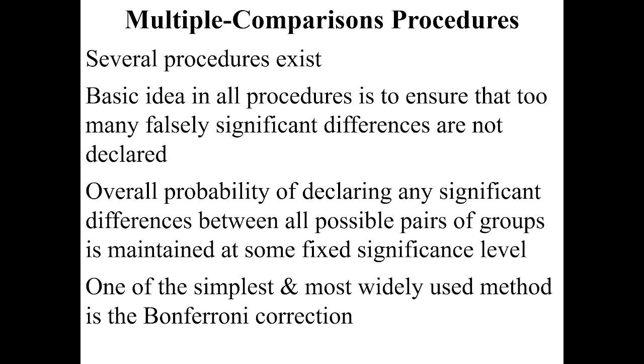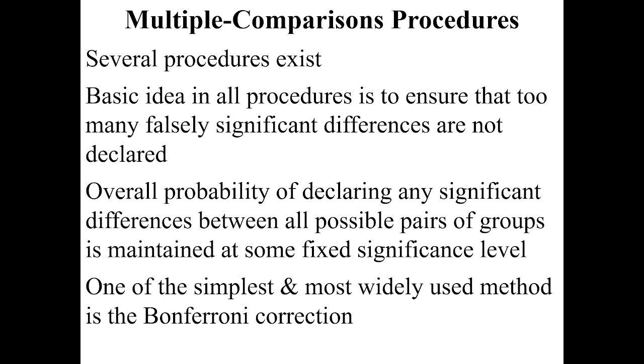But the basic idea in all these procedures is to ensure that too many falsely significant differences, or false positives, are not declared. So what do you do? The overall probability of declaring any significant difference between all possible pairs of groups is maintained at some fixed significance level.